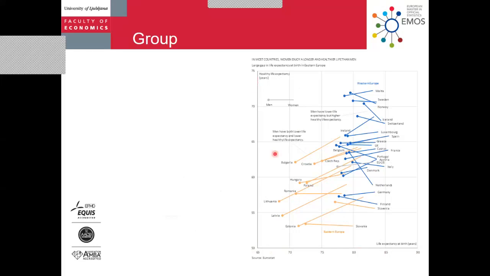So in a way, it reminds us of a scatter plot, but it's much more than a simple scatter plot, isn't it? Yes, it's a scatter plot where you connect male and female to see the variation between them.